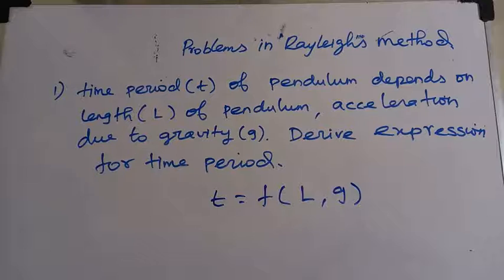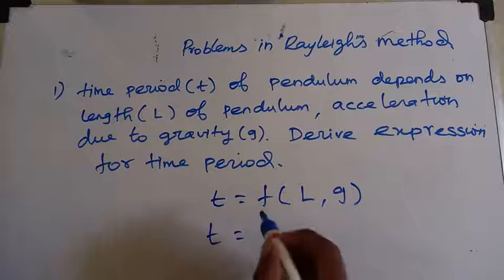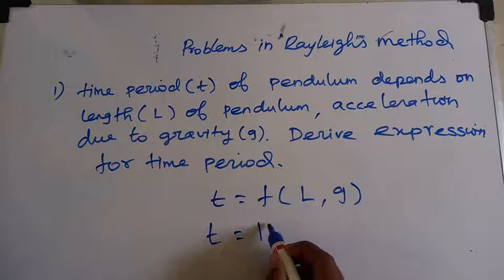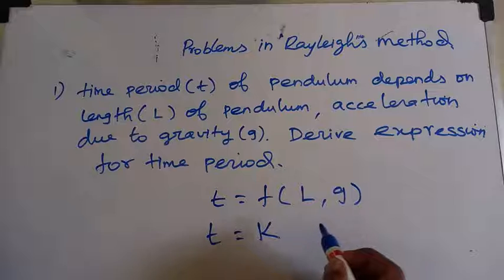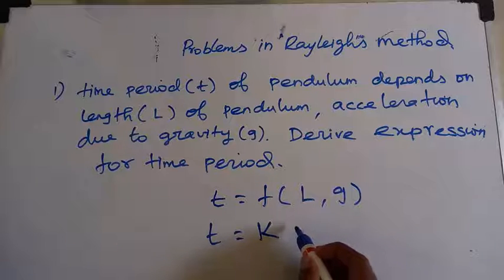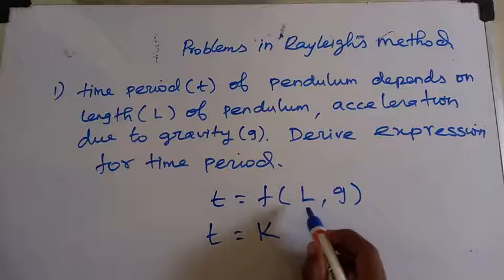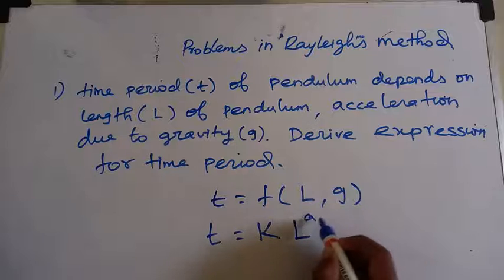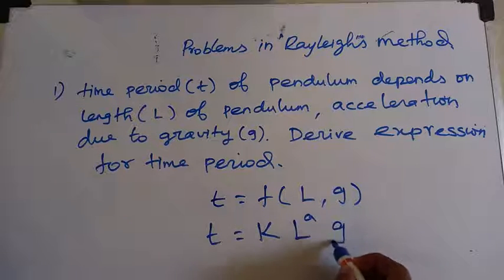Now what we have to do is write in Rayleigh's method. I am writing this, for removing the functional term, inserting constant k. Then I am taking first variable power a and second variable power b.